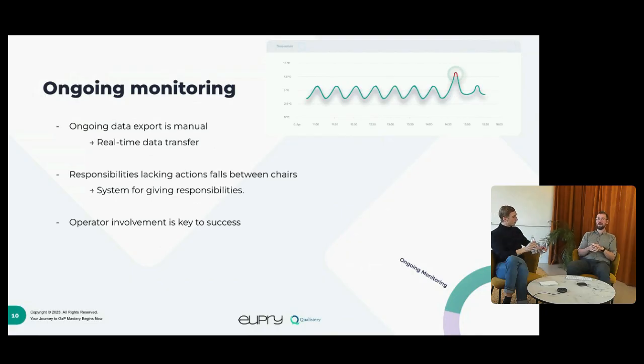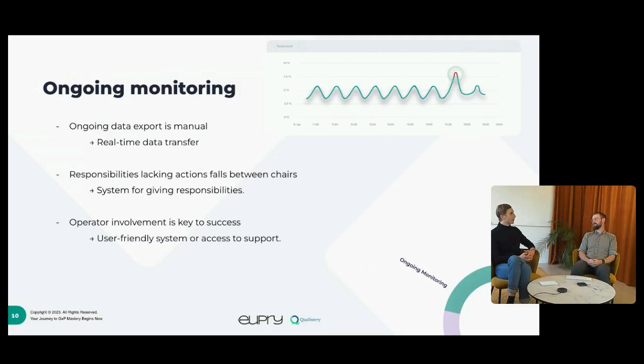So I would say having operator involvement is really, really key. And I think the solution that we've found during our discussion is basically that having a user-friendly system is truly important, not so much for automation, but in order for thermal compliance to be adopted into the quality culture from a broader company perspective.